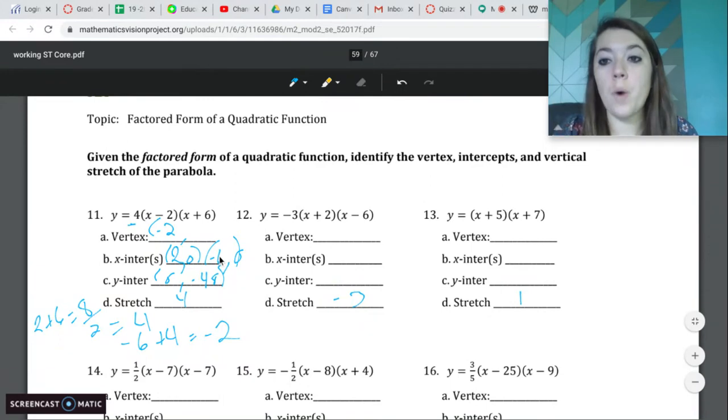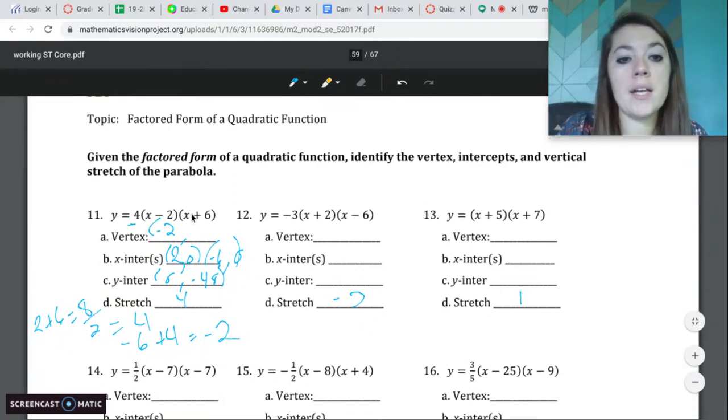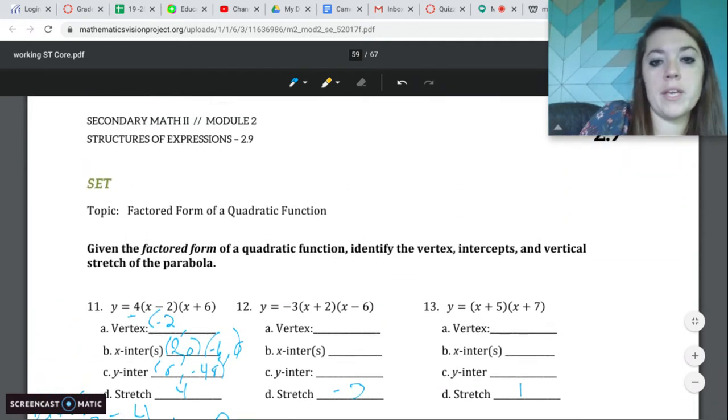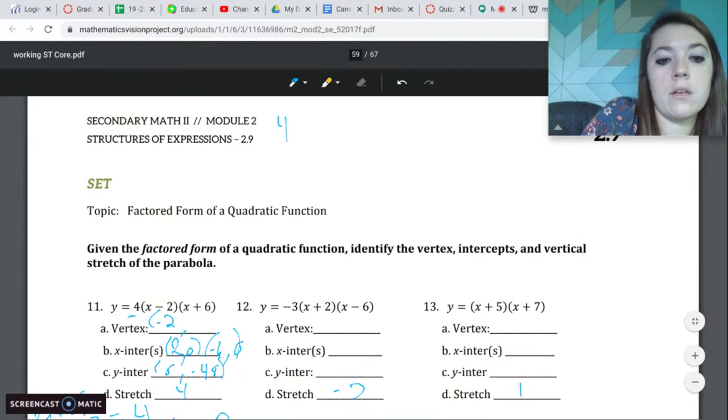So now, to find the y-coordinate of our vertex, we're going to plug -2 into these equations. I'm going to go up here so I have some space. We're going to have 4 times (-2 minus 2) times (-2 plus 6).